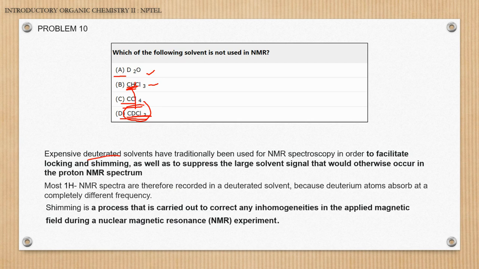Then you only get the chloroform peak, and your organic compound's peaks just vanish. You will only see the peak for the chloroform proton. So the main concept is that deuterated solvents will not show up in the proton NMR, and you will get a good quality spectrum. That is why chloroform is not a solvent used in NMR.